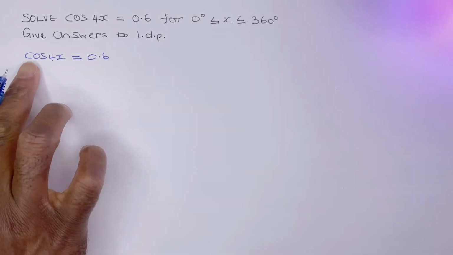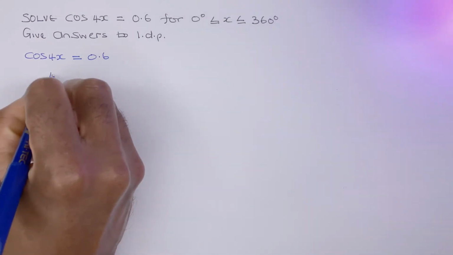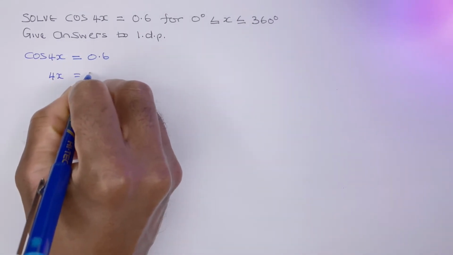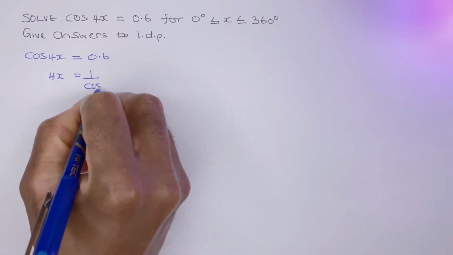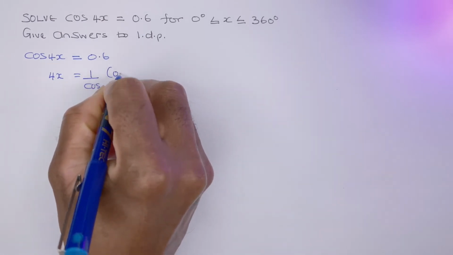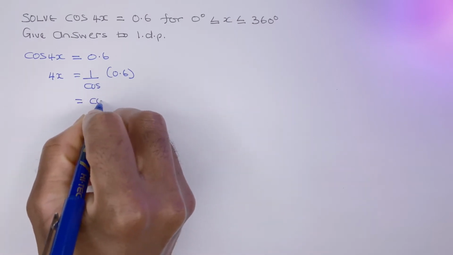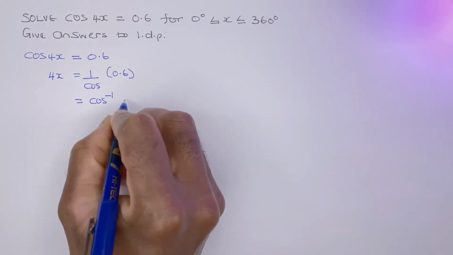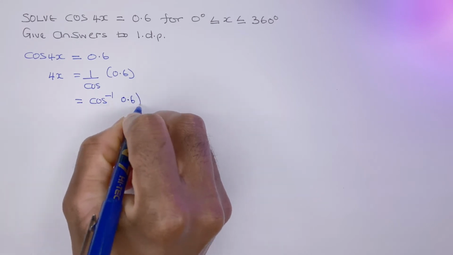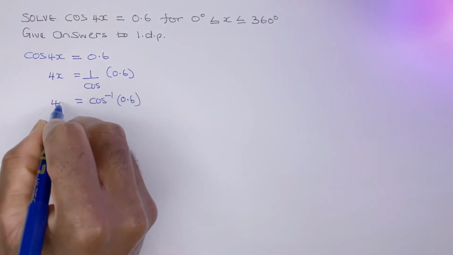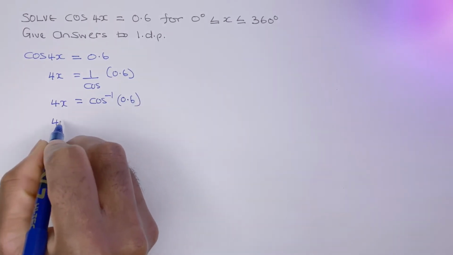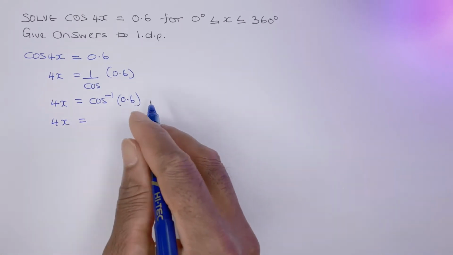Take the inverse cos of both sides, so 4x equals cos to the power minus 1 of 0.6. So therefore 4x, we now need to find this.